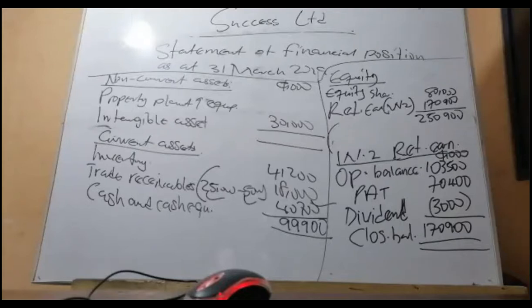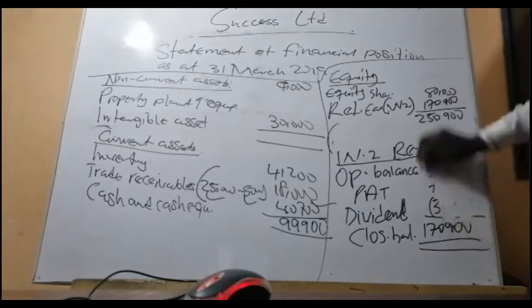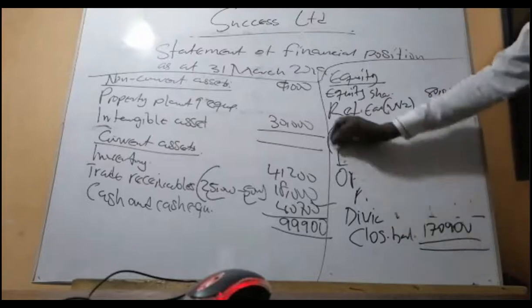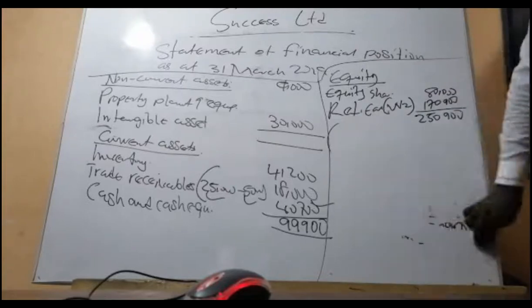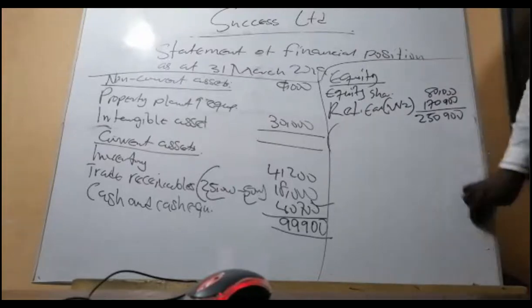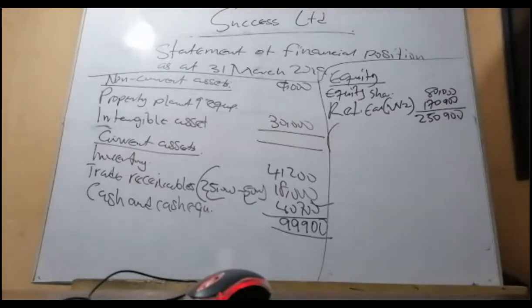Okay, so when we go to non-current liability, let's see the non-current liability. Bank loan or loan notes. Bank loan is the same as loan notes under the conceptual framework.